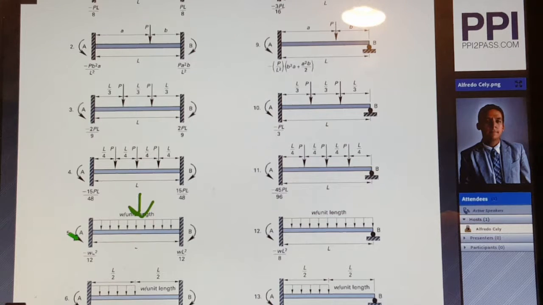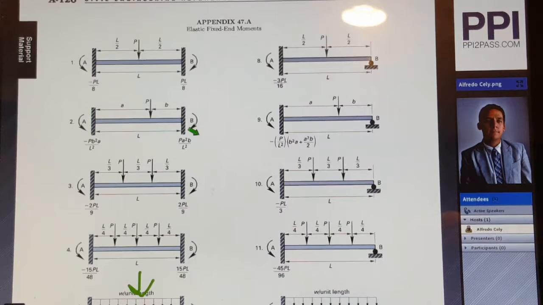Negative W is the uniform load times the length, which gives you the force, and then times the length again over 12, which will give you the moment about A.